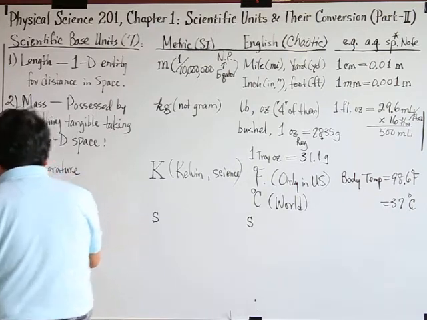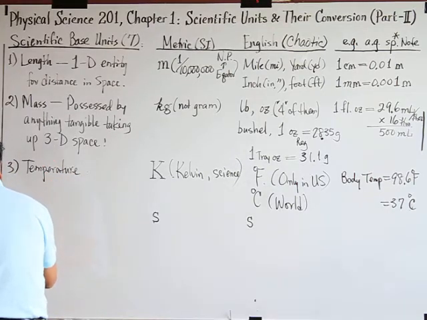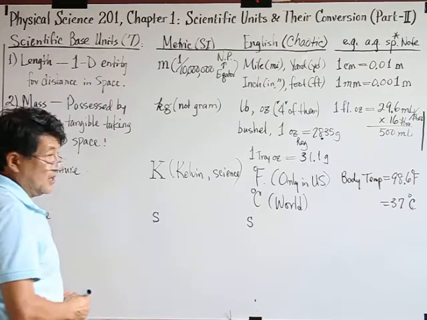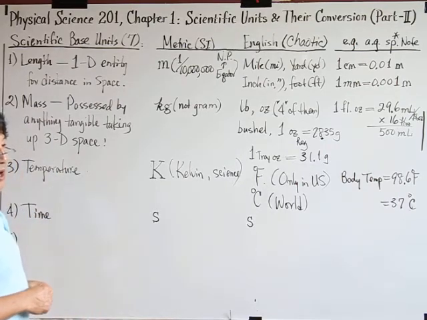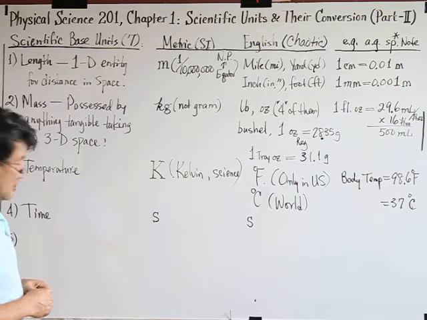After time, the number 5 scientific unit is called amount of substances.